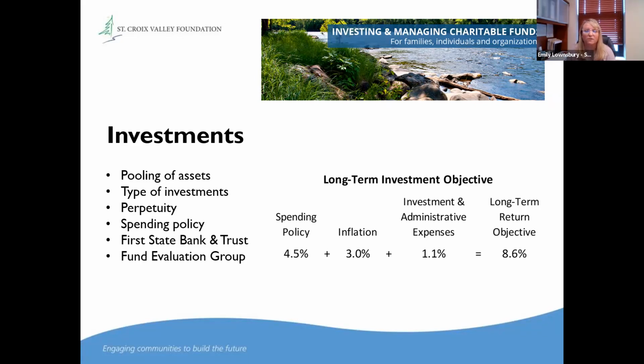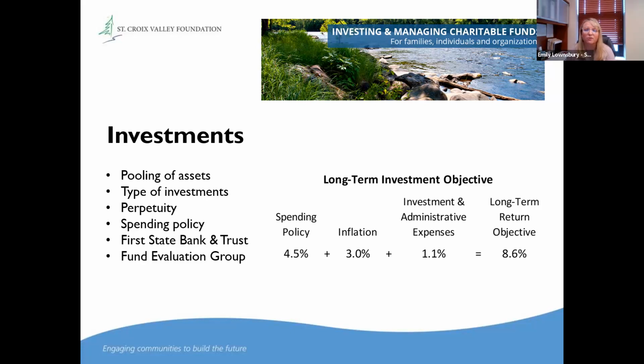We currently have 4 investment pools. 2 of them are long-term and 2 of them are short-term. So our long-term portfolio and our ESG portfolio are what our endowed and long-term non-endowed funds can invest in. And we have a short-term portfolio and an intermediate portfolio that our pass-through short-term funds can invest in.